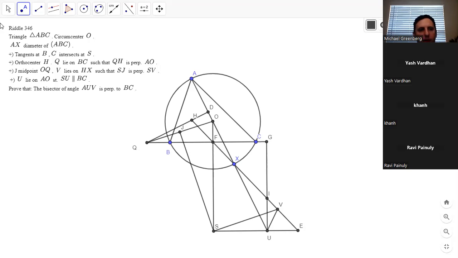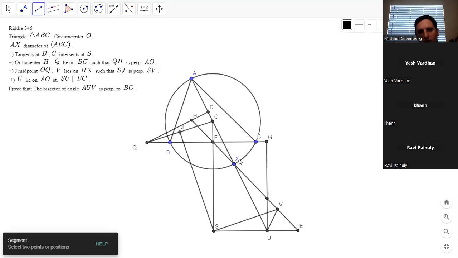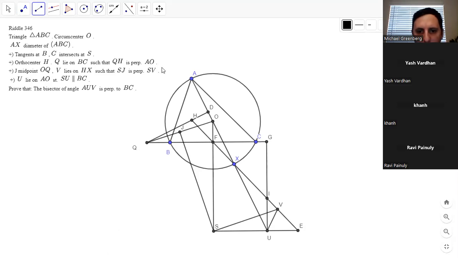So QD is, I was going to say, actually, never mind. QJ is perpendicular to AX. No, QD. QD is perpendicular to AX. So yeah, if we drew this point, then H is the orthocenter. I don't know if that really helps though.